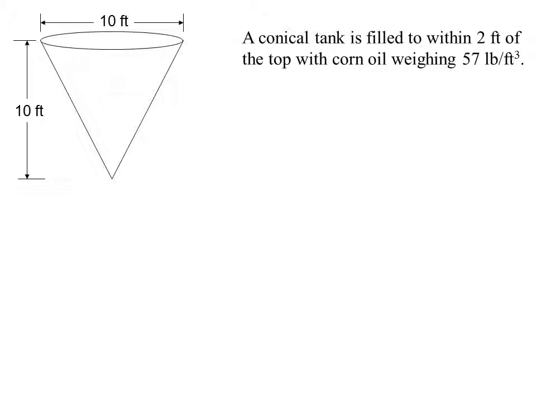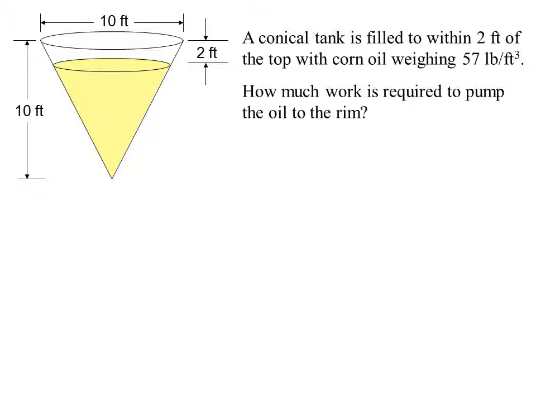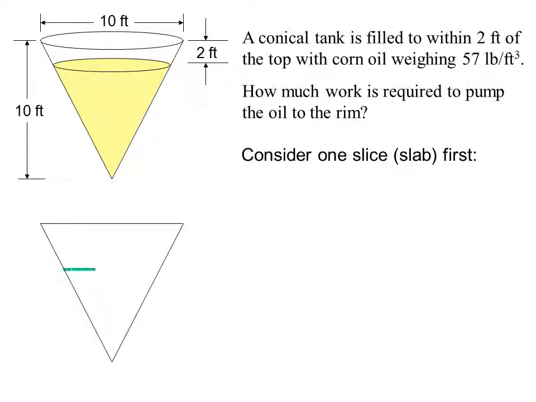A conical tank is filled to within 2 feet of the top with corn oil, weighing 57 pounds per cubic foot. How much work is required to pump the oil to the rim? Say we drop a hose down to the bottom. We have to pump the oil out. Consider one slice or slab first.